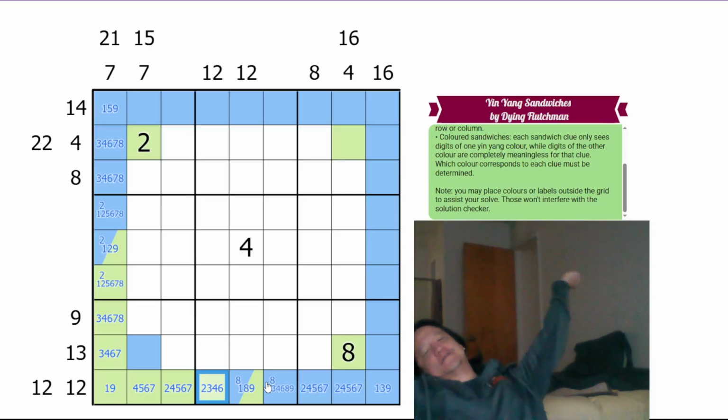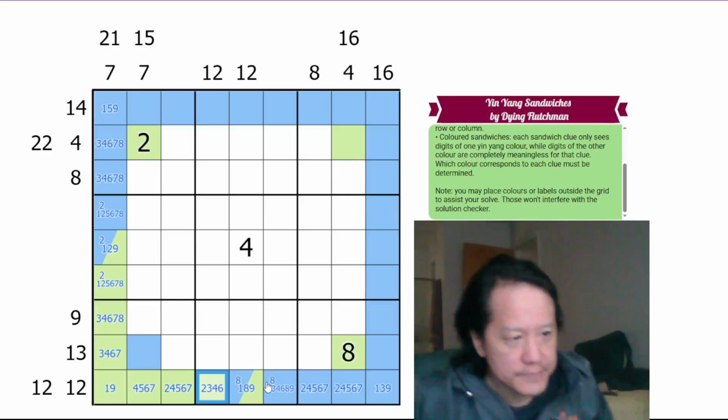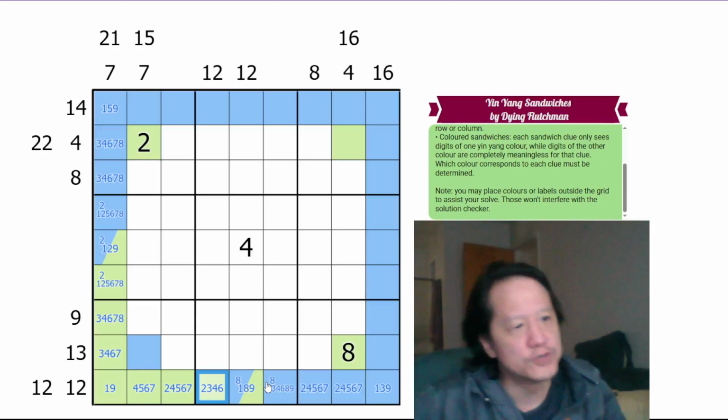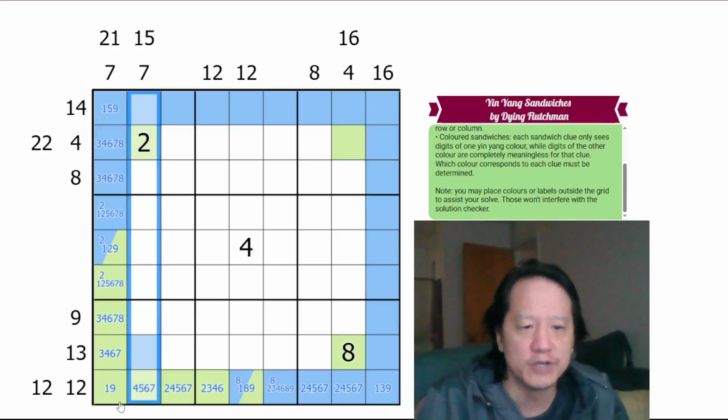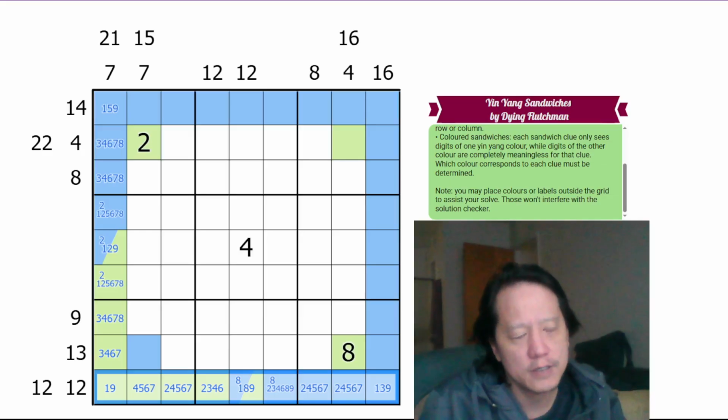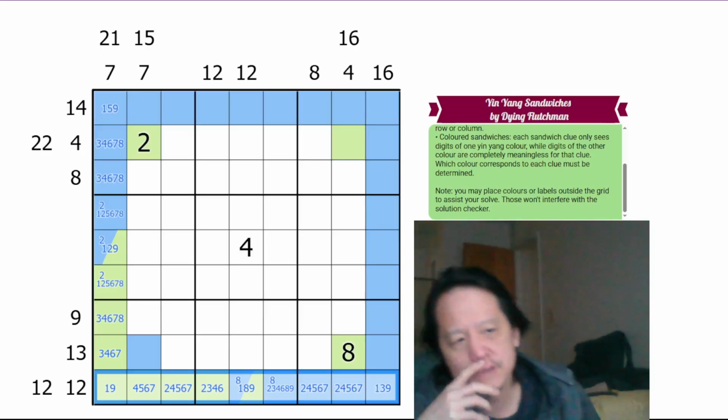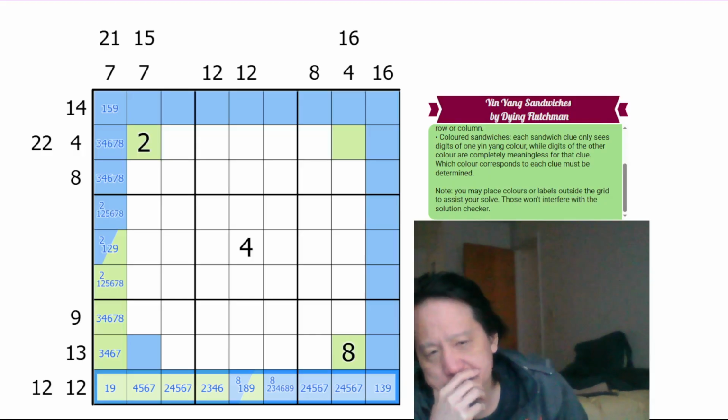15 and 7 means you have 22. So you have the same problem in column 2 as you do in row 1. Right? Maybe yes.